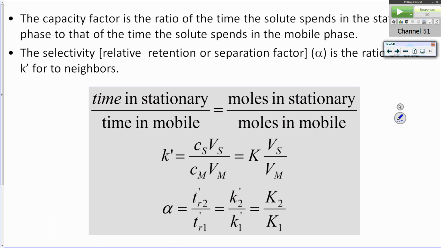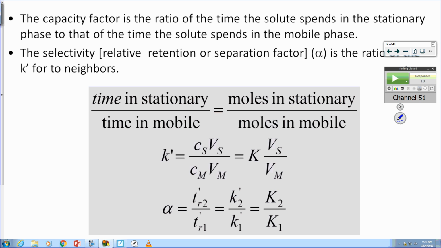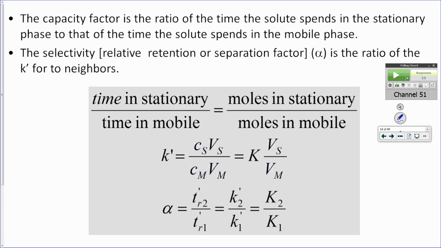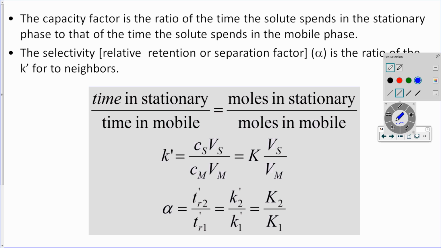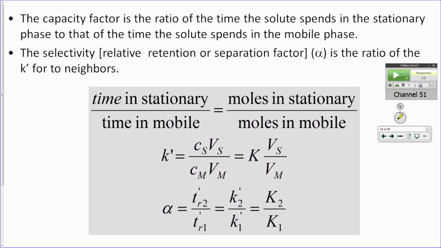So if we look at the capacity factor and at these ratios that we have, the capacity factor tells us how much time something spends in the stationary phase relative to what it spends in the mobile phase.